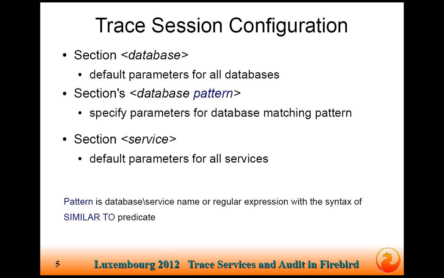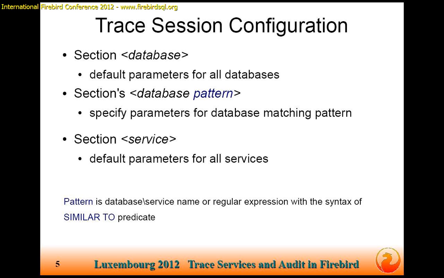So let's speak about trace session configuration. This is the first and most visible part of the trace session which the user will see. A trace session configuration is usually just a text file. It consists of a few sections.